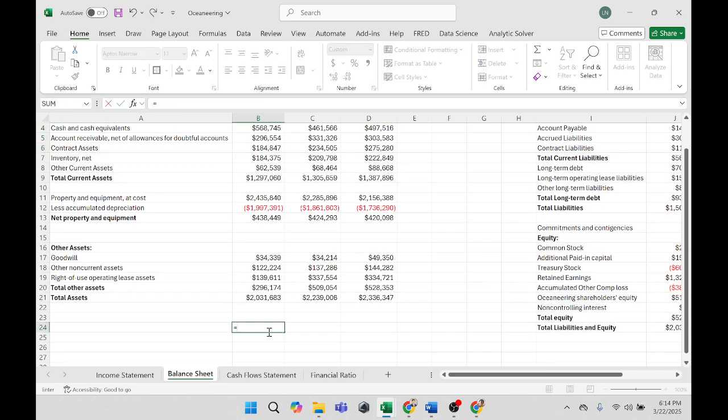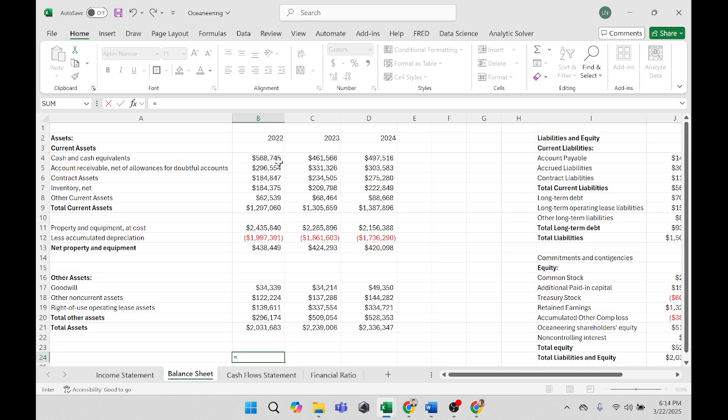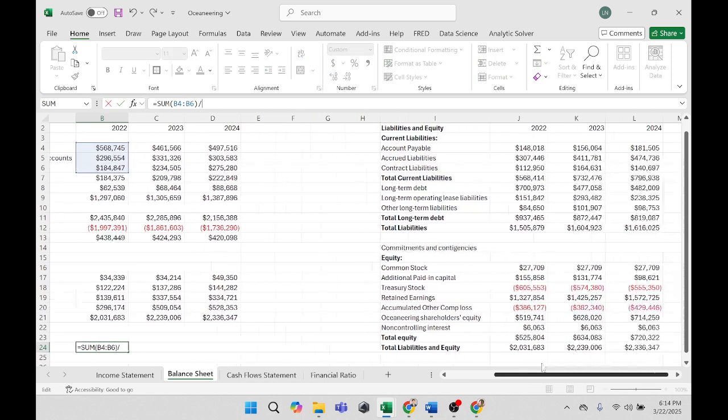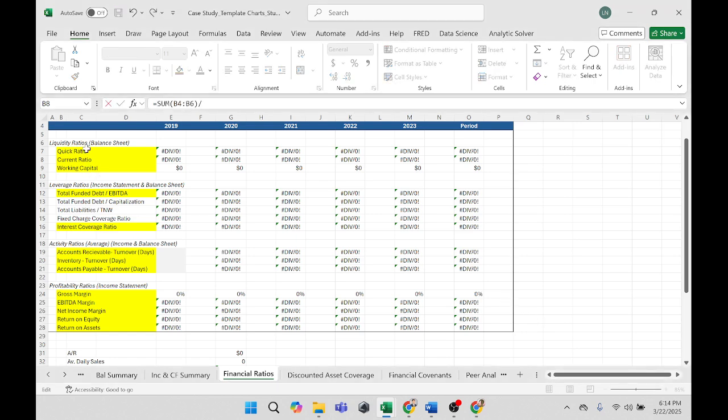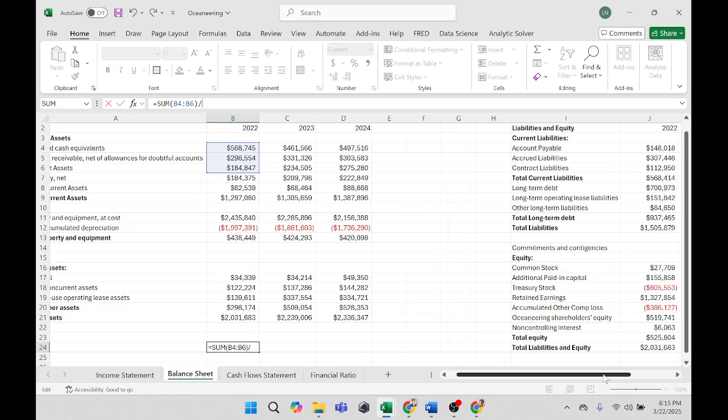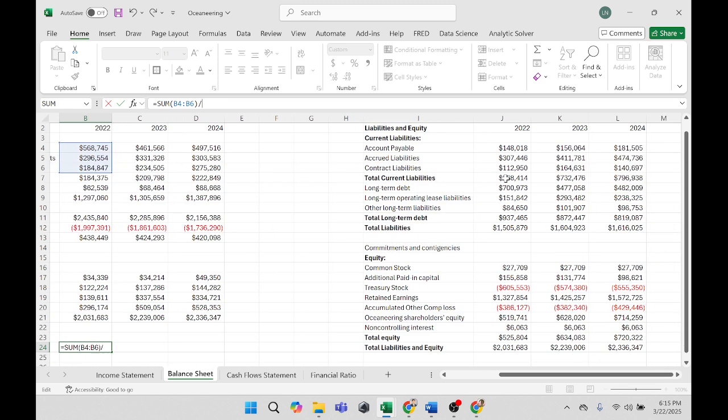We can do that real quick. Sum these numbers and divide by the current liability that we have for 2022.